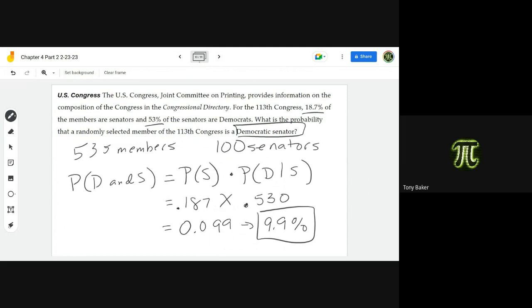The difference is the given one is out of that population. There's a 53% chance that you'd grab a Democrat if they were just the senators in the room. But once you add in the House, you only have a 10% chance of picking a Democratic senator. So the conditional probability is limiting the population, basically.